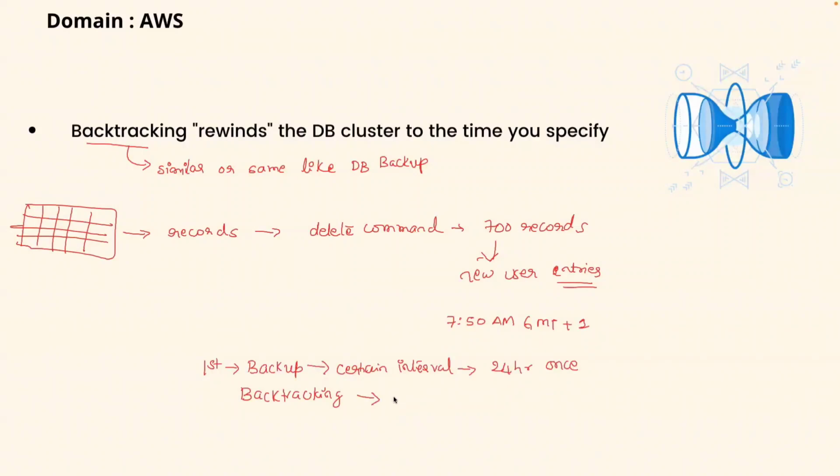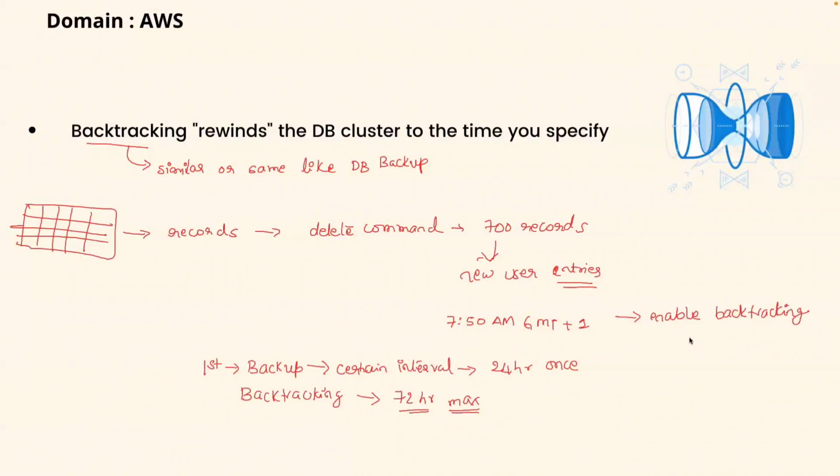Okay. So if somebody has made this mistake of a delete command, then you can enable backtracking, go back in time and select a time, let us say you select 7:48 a.m., 2 minutes ago, and then recover from this.